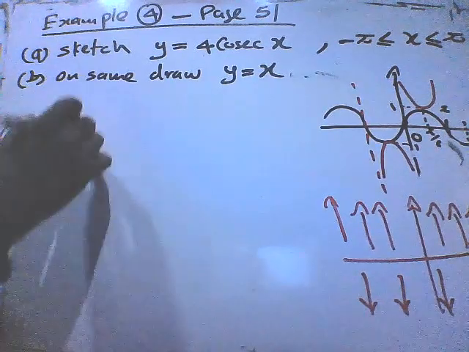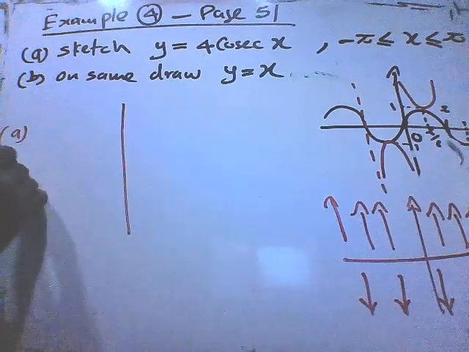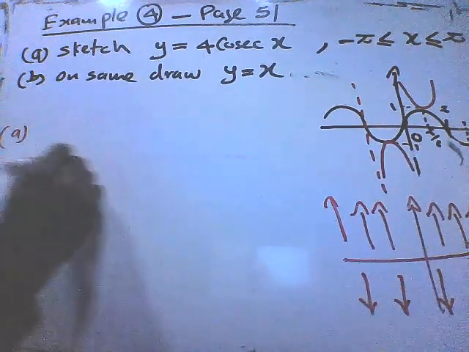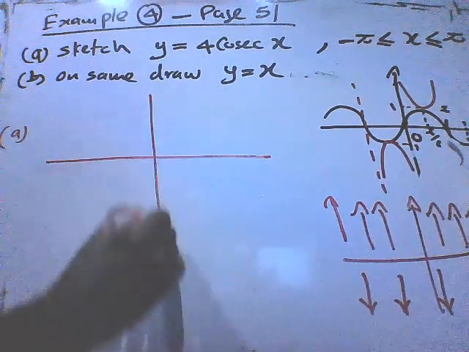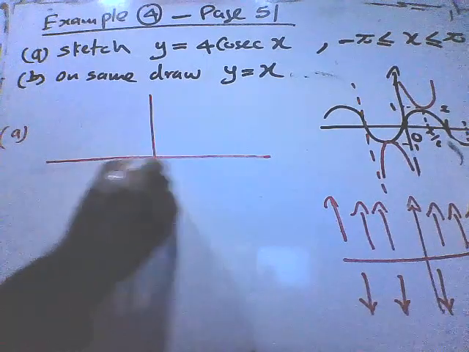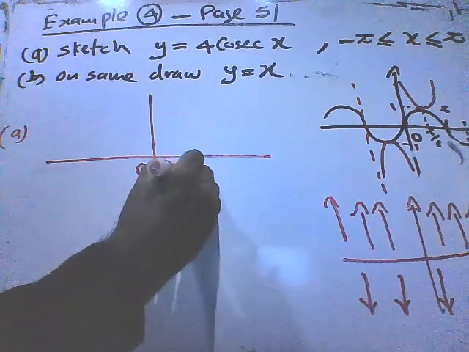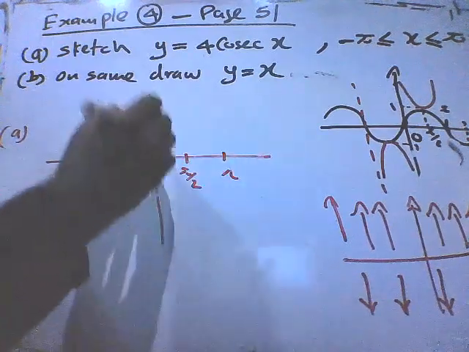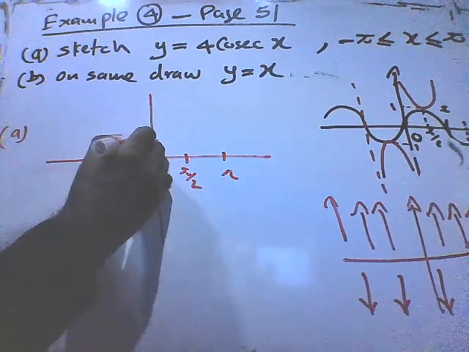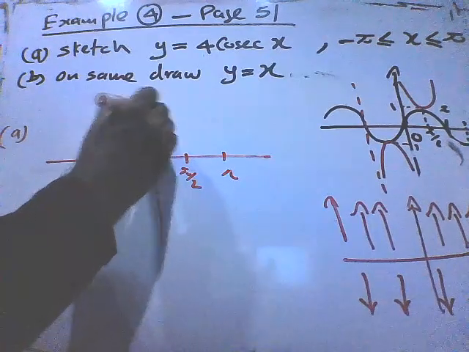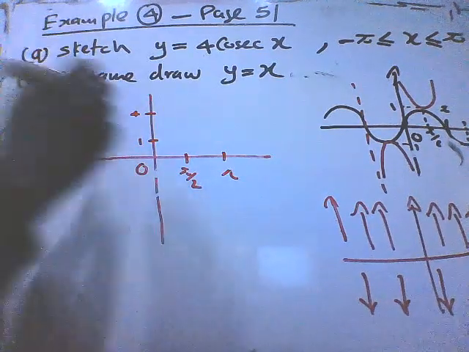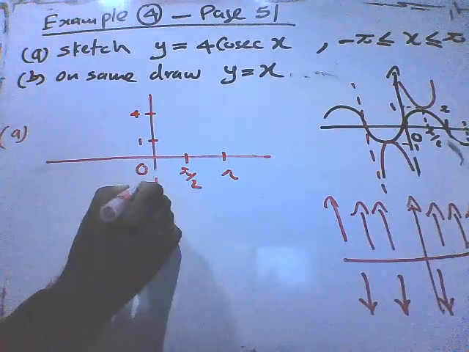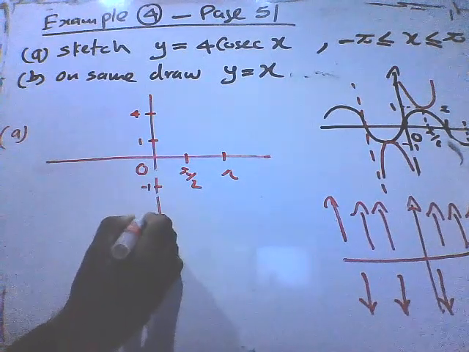Part A, so we are considering only 0, and here pi over 2 and pi. And here if it is 1, the 4 we will mark here, and if minus 1 is here, minus 4 we will mark here.